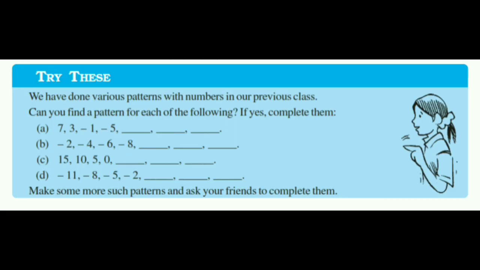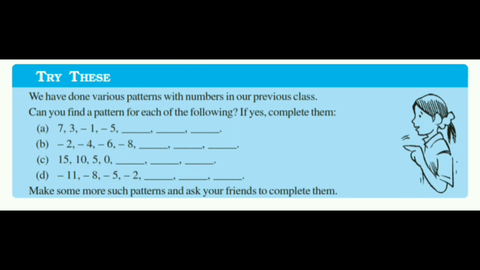Now, children, on your page number 3, there are some patterns given, and let us try to understand the relationship between the numbers given over here and try to find out the answer.